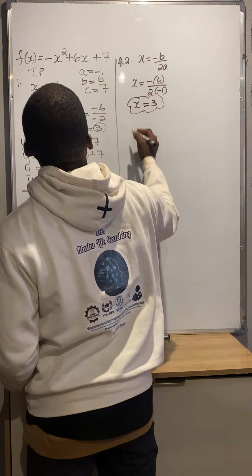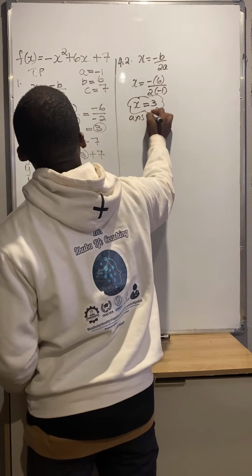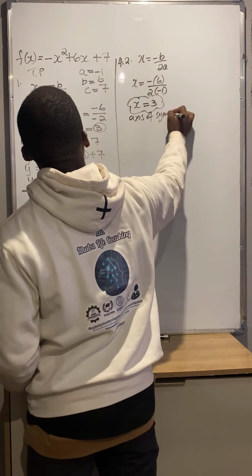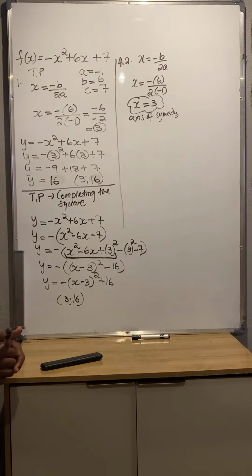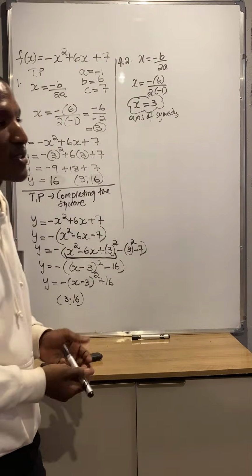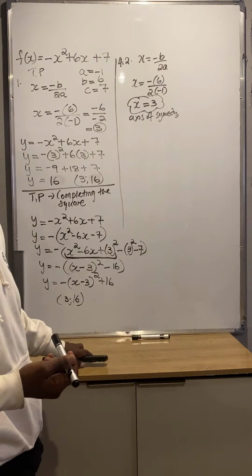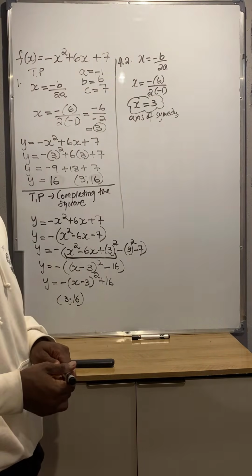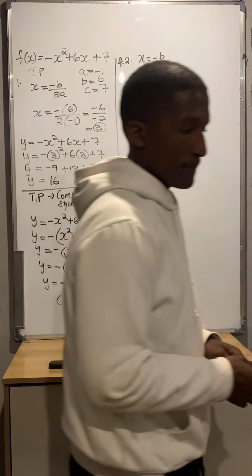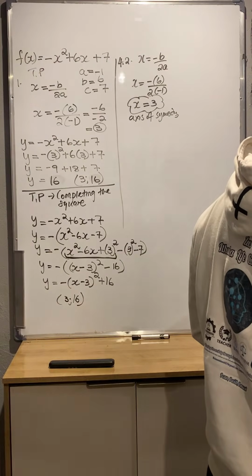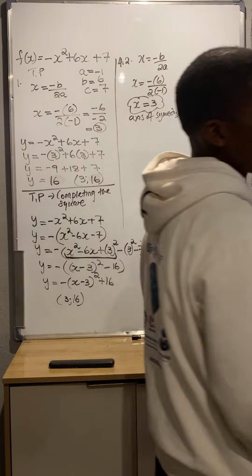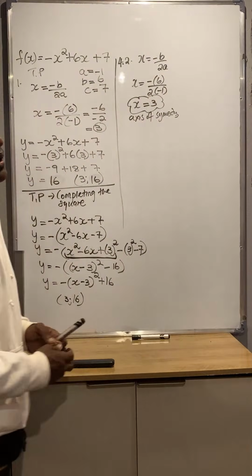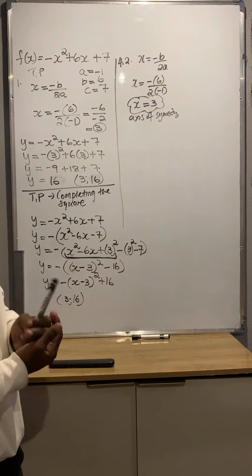This is our equation for the axis of symmetry. I repeat again, this is our equation for the axis of symmetry. Any question?